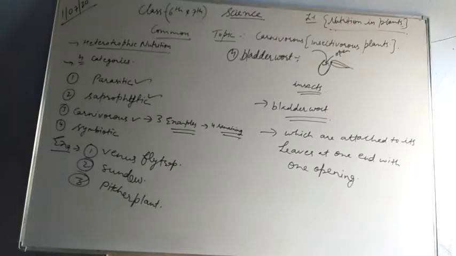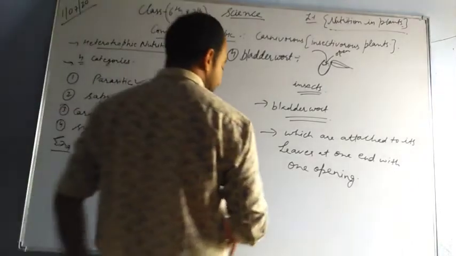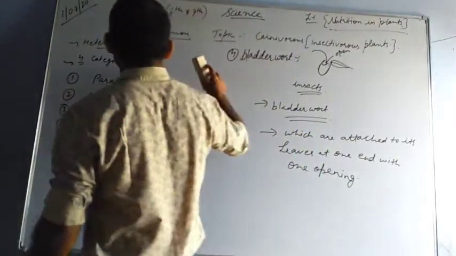After that, they suck in tiny insects and digestive juices are released. Inside the bladder, the insects are digested. After that, the symbiotic plants are going to be started.